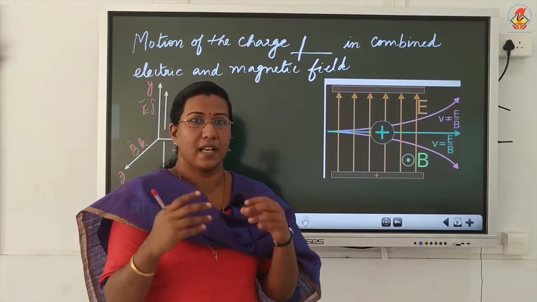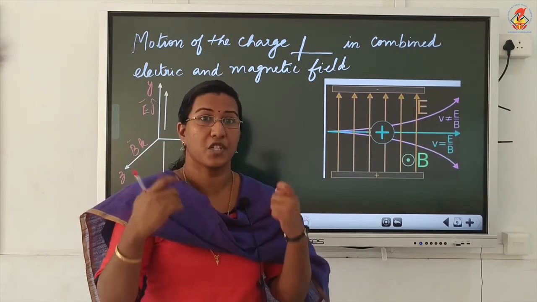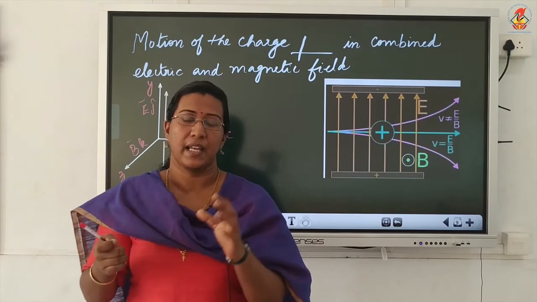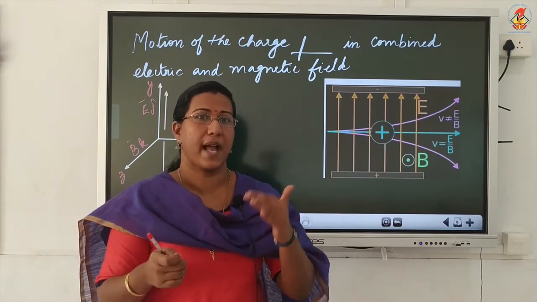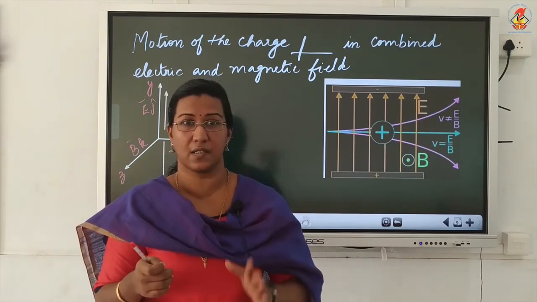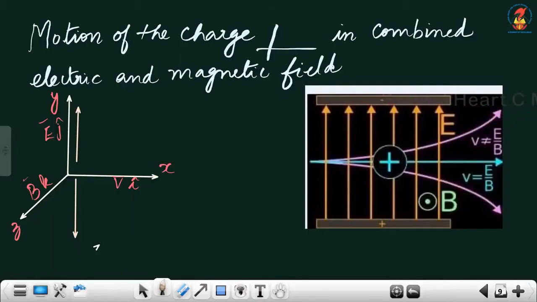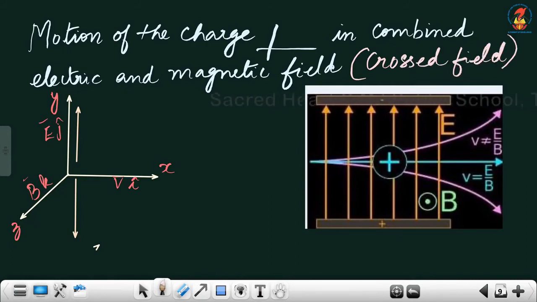Now, we are going to see the motion of the charged particle in a combined electric and magnetic field. In our case, we are applying the electric and magnetic fields perpendicular to each other. So, it is also known as a cross field. If electric field and magnetic field are perpendicular to each other, it is known as a cross field.